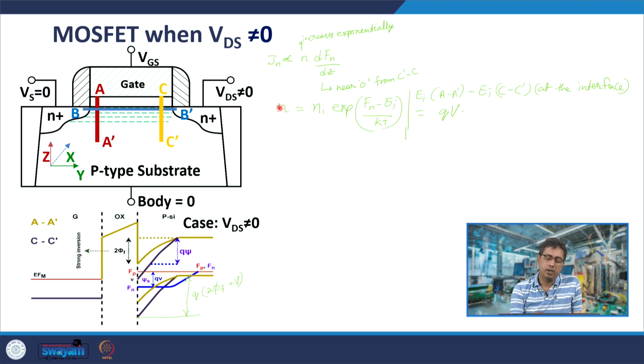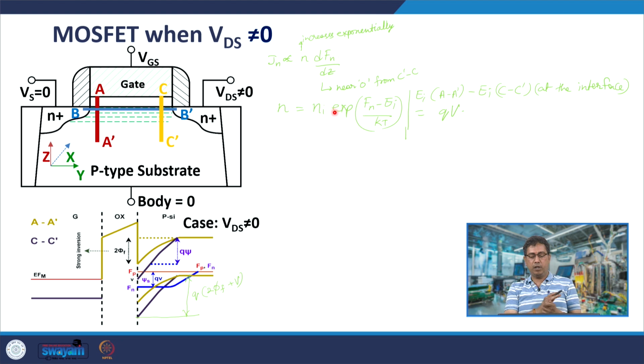Suppose the inversion charge changes by a certain value. So the change in Fn would be negligible comparatively. There is a certain change in n as you move from B to B prime, but the corresponding change in Fn minus Ei would be negligible because of the exponential relationship.